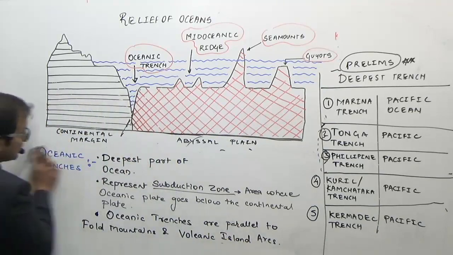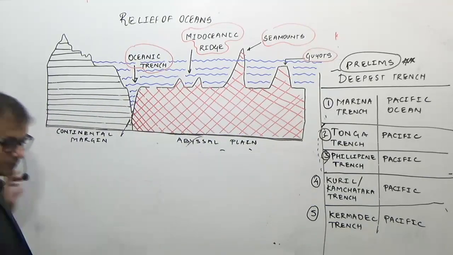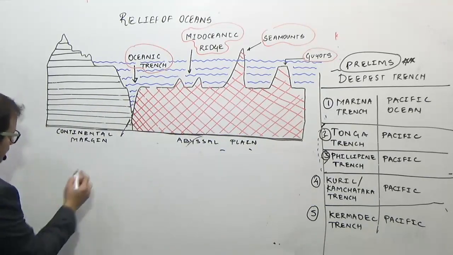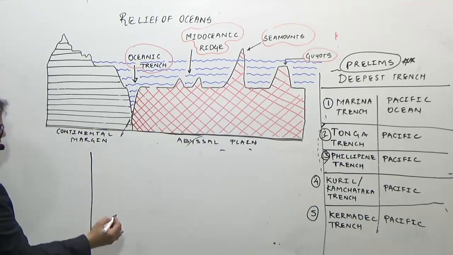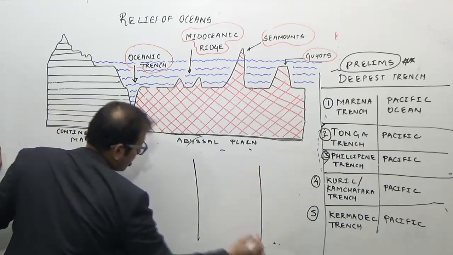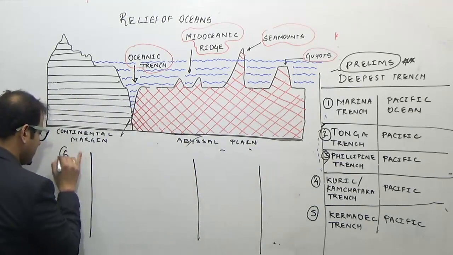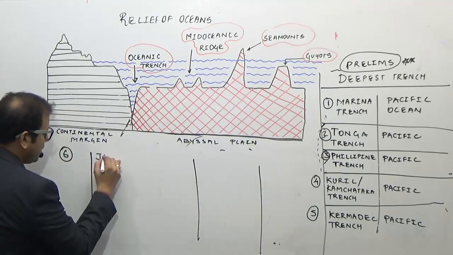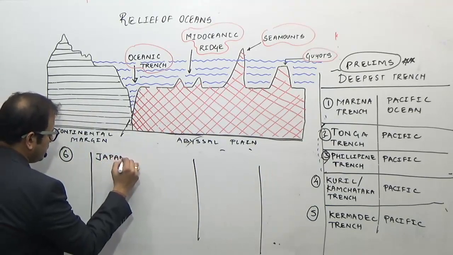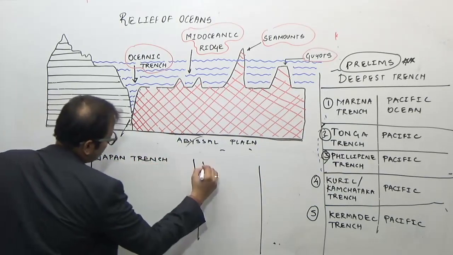The sixth deepest trench is the Japan Trench, again in the Pacific Ocean.